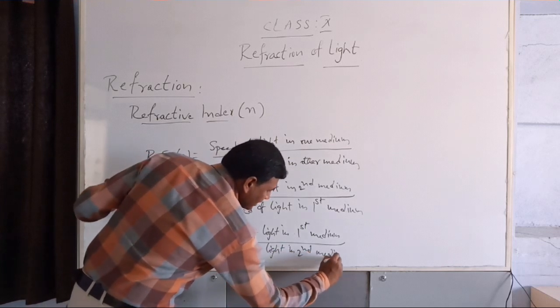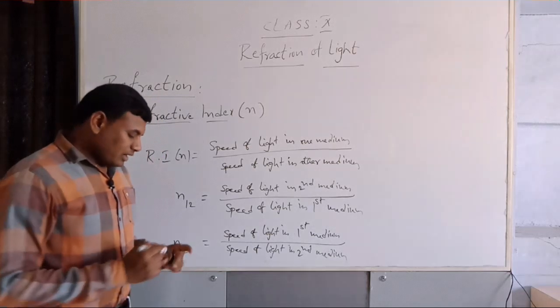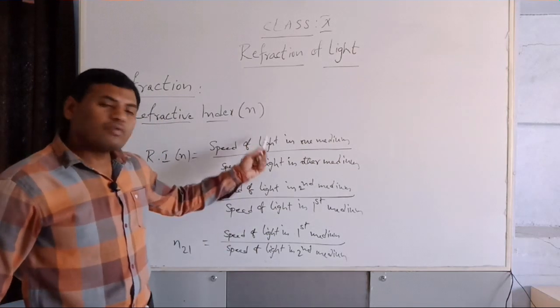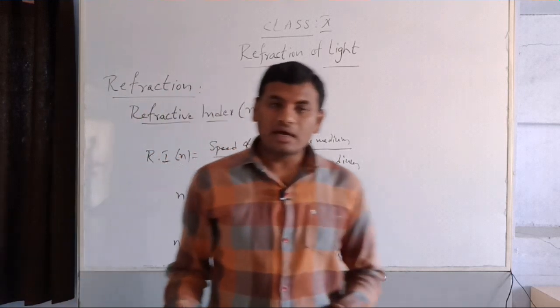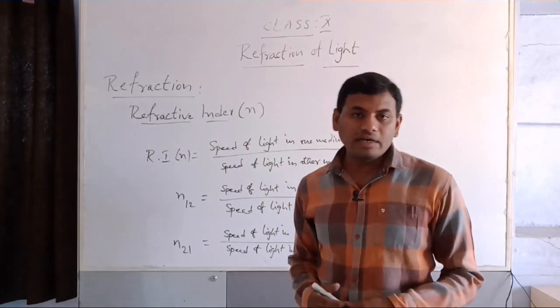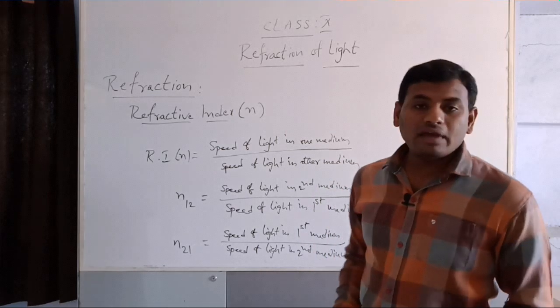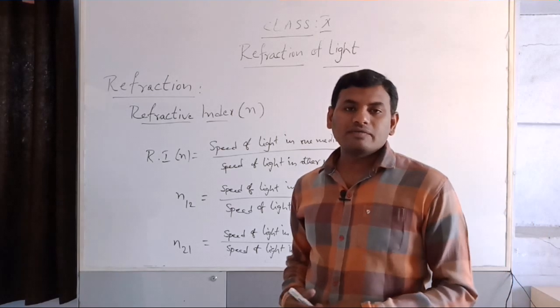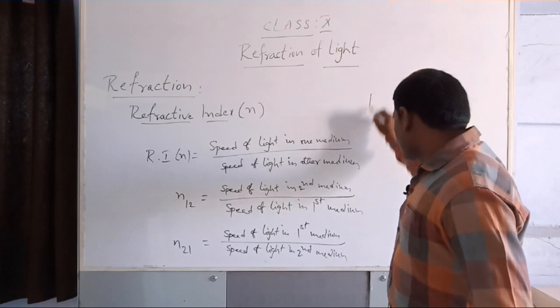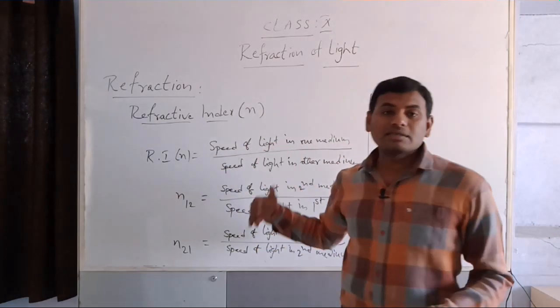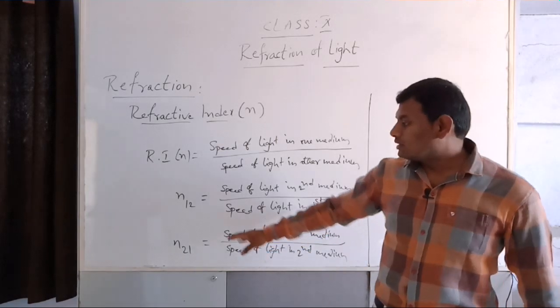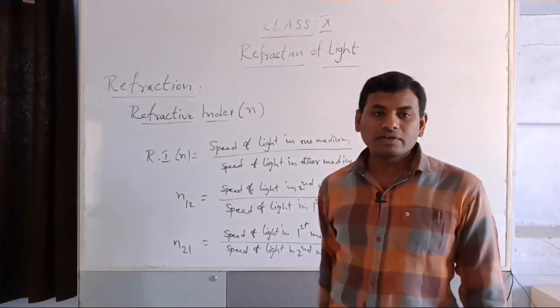Now, if we consider one of the mediums as air or vacuum, we know the speed of light in air or vacuum is 3 into 10 to the power of 8 meters per second, represented with the letter C. When we consider one medium as air or vacuum, we call that refractive index the absolute refractive index.